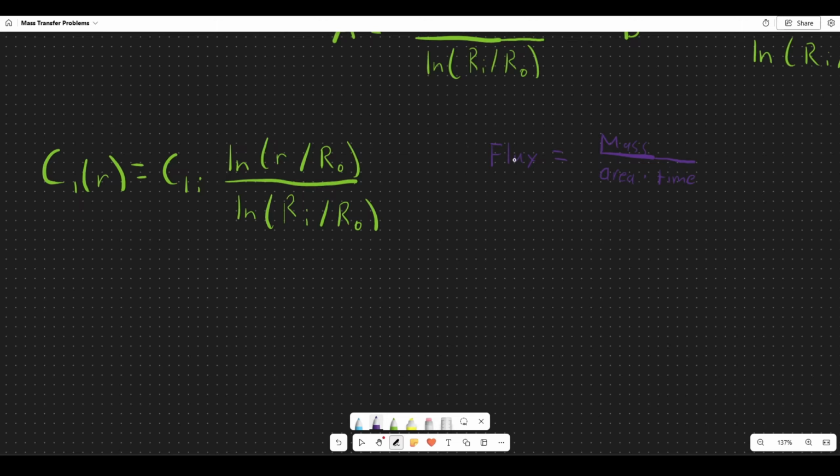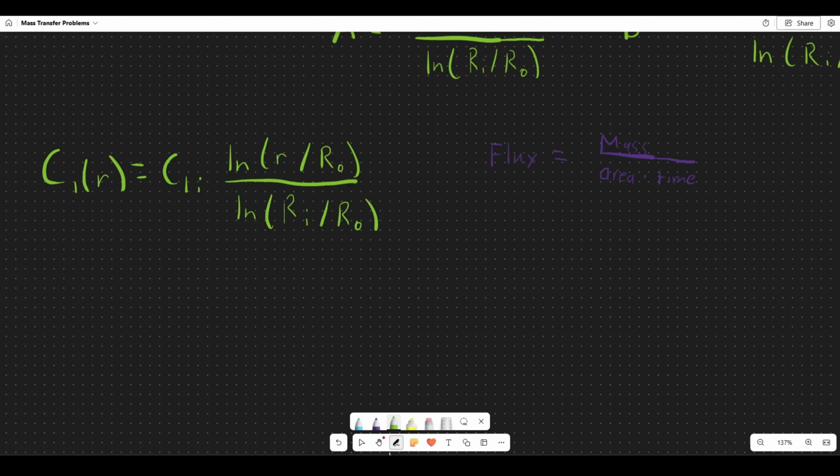That's what it's defined as. We kind of already have mass per volume, right? That's what concentration is. And so in order to get from a concentration profile to flux, you can think back and see if there's any formulas that we can use that relate concentration to flux.